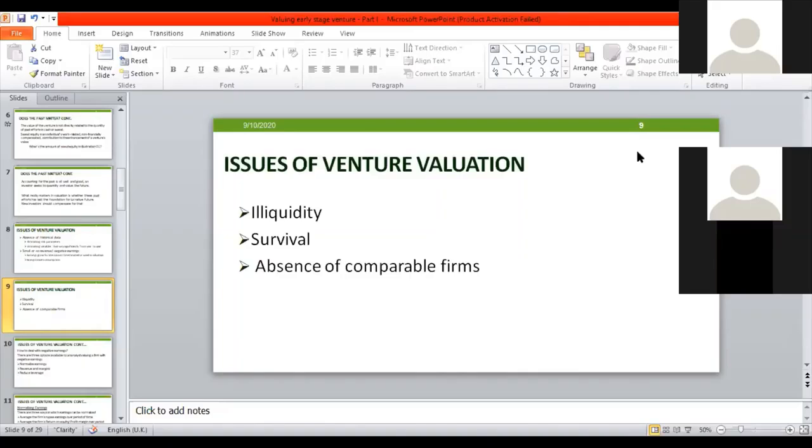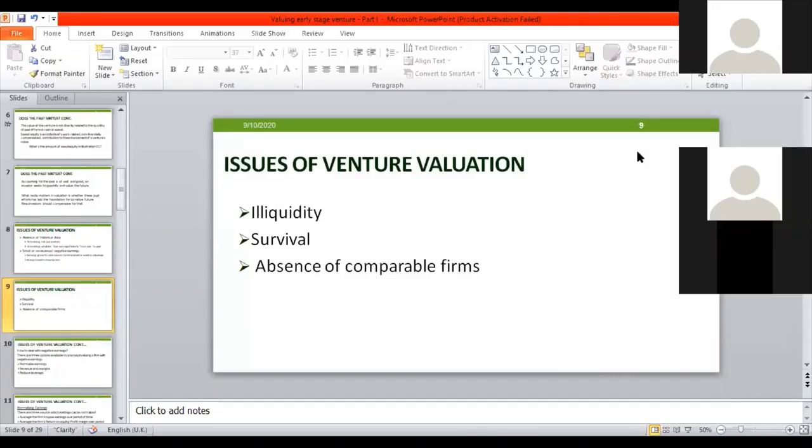It is very difficult to estimate this illiquidity factor and include it in our discount rate. When we are deciding the discount rate to discount the cash flows, we have to consider this illiquidity factor. But it is very difficult to measure this illiquidity. Therefore, adjusting the discount rate for illiquidity is also difficult.